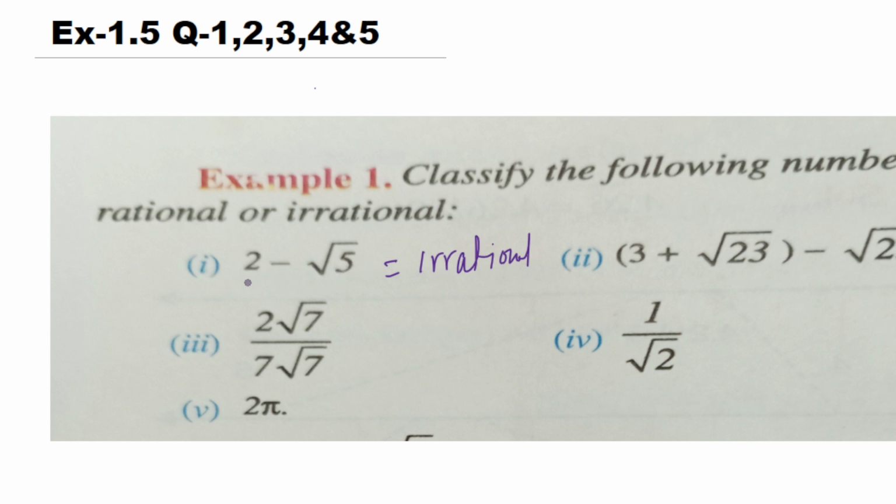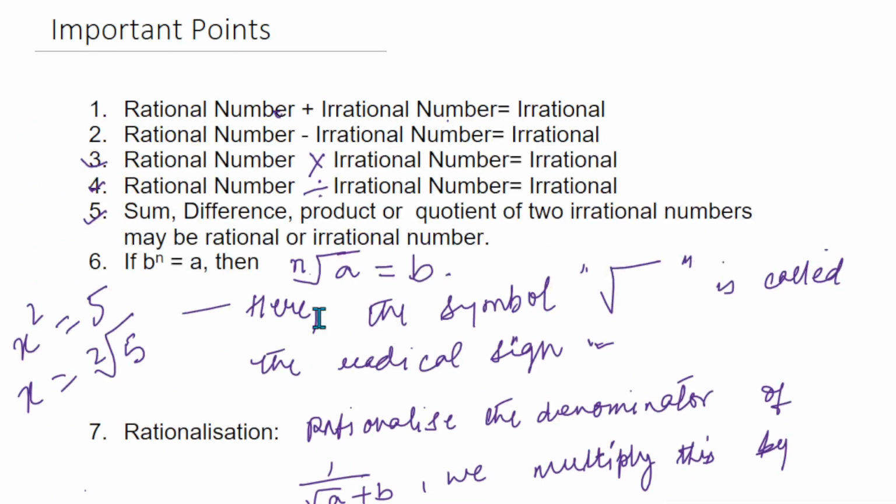Why? Because this is my rational, and this is irrational. The difference of a rational and an irrational number gives me an irrational number, isn't it? So a rational number minus an irrational number gives me an irrational number. This is the reason: the difference of a rational number and an irrational number is always an irrational number.